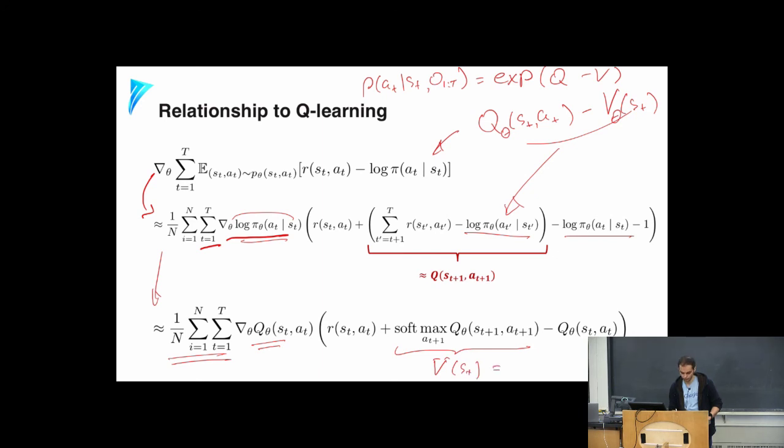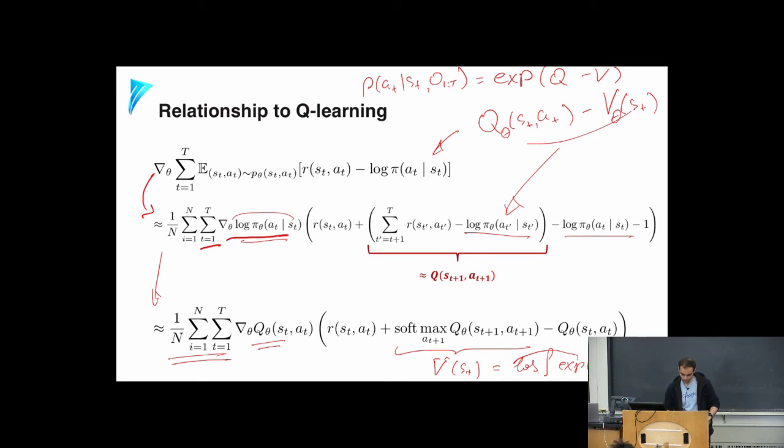If you remember, this was log integral of exp Q. This is the thing that we derived in the max entropy RL lecture, last lecture, for the V. And this log sum exp is basically the softmax operator here.